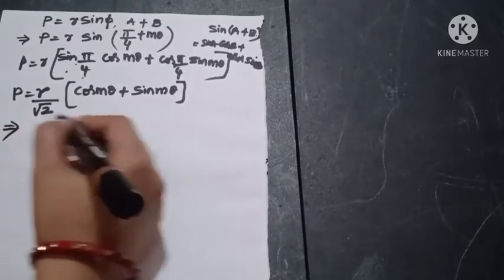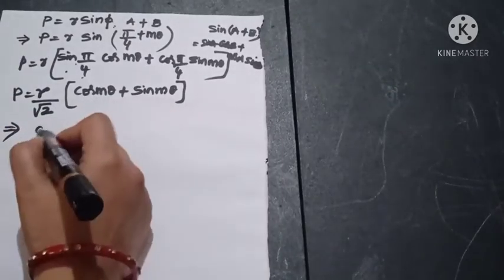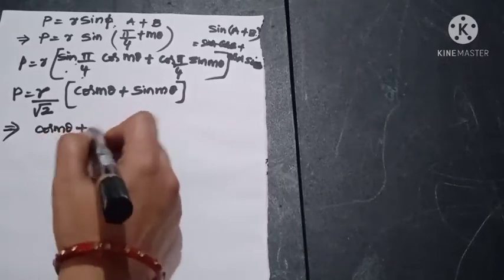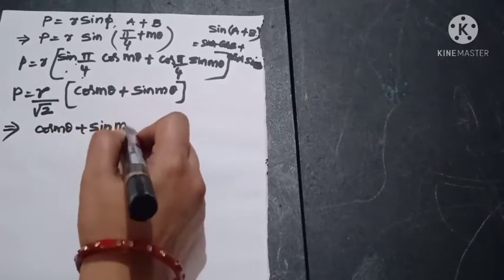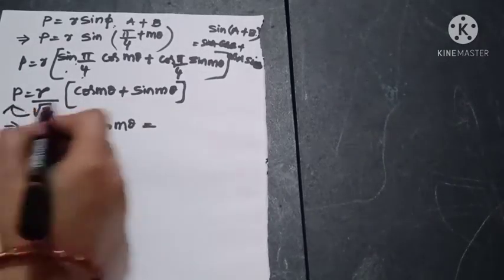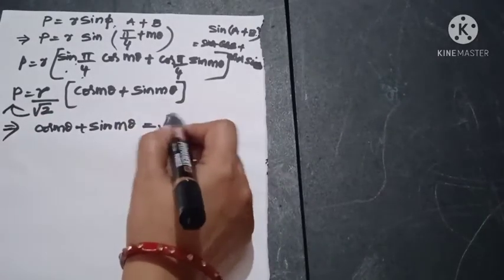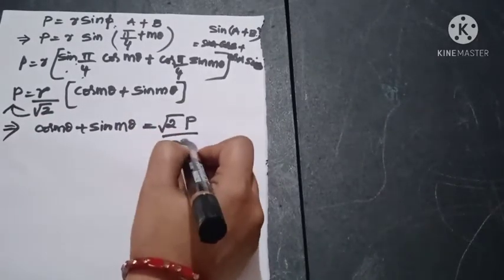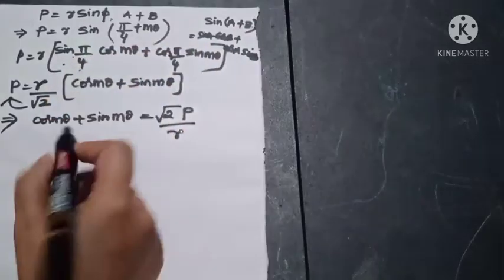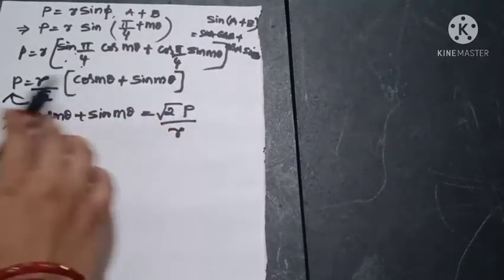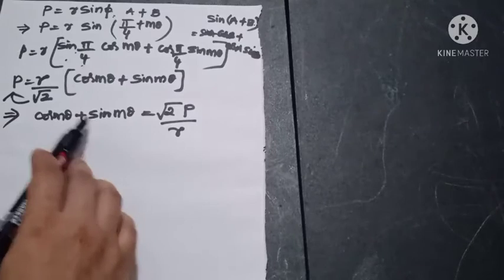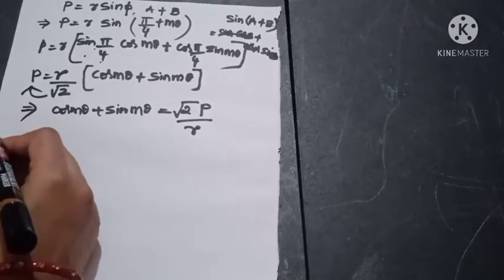This implies cos m theta plus sin m theta is equal to root 2 p over r. The value of sin m theta plus cos m theta is this one, and we will use it in the curve. What is the given curve?